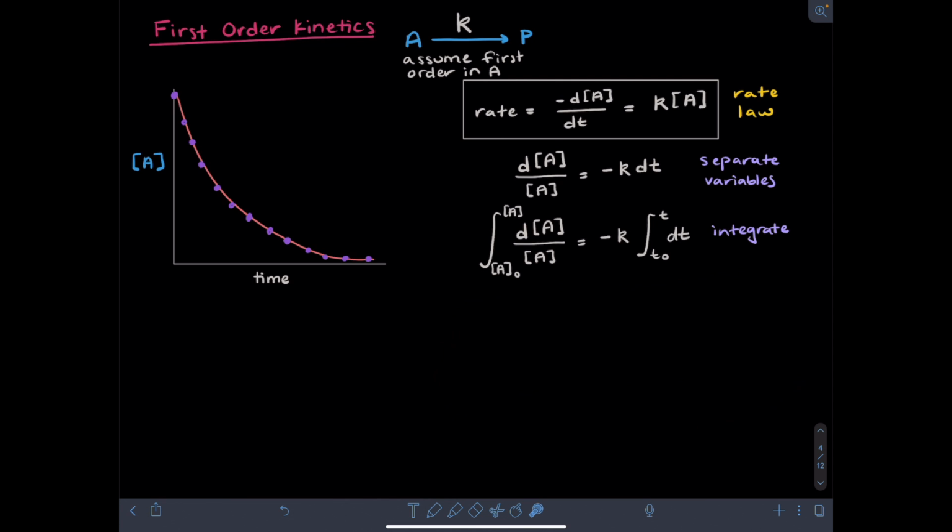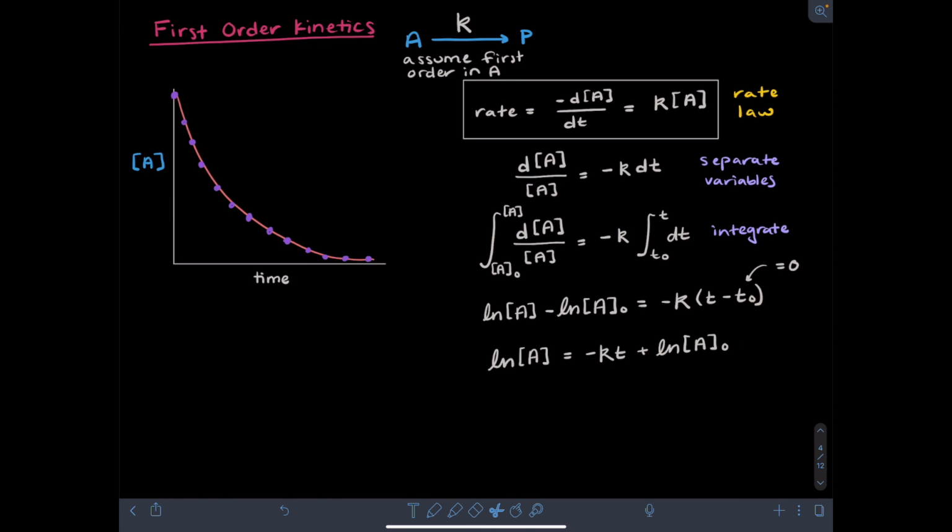I move the negative k outside of the integral because it's a constant, and then I integrate dt from time 0 to time t. Here as well, I wouldn't ask you to do this math yourself, but the left-hand side is equal to the natural log of the concentration of A minus the natural log of the concentration of A at time 0. Then on the right-hand side, you have negative k times t minus t0.